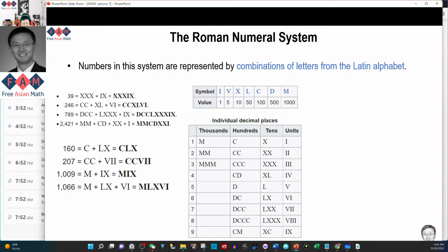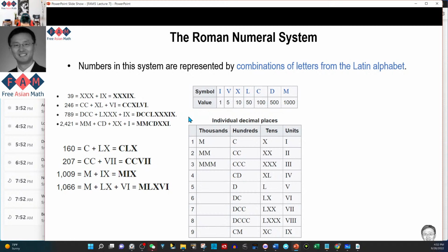So the Hindu Arabic numbers were just introduced into Europe much later than its invention, which was around, I think, the 8th century, sometime around that. So don't laugh at this system, but these are already at its time the most advanced math.